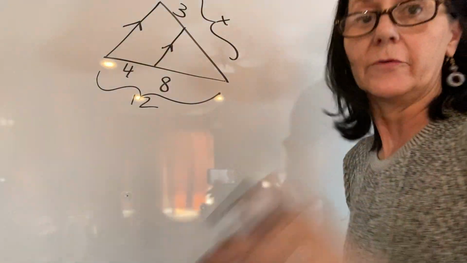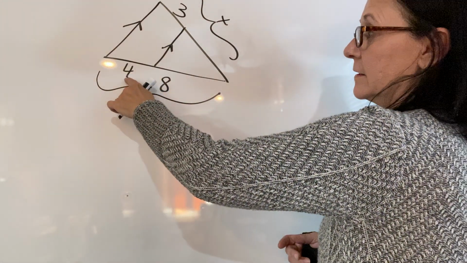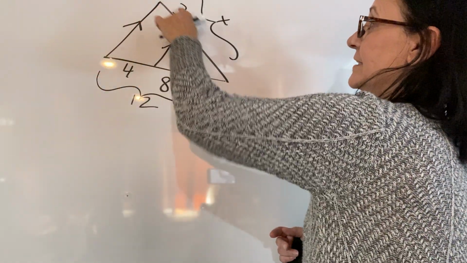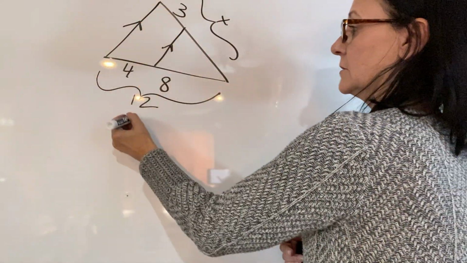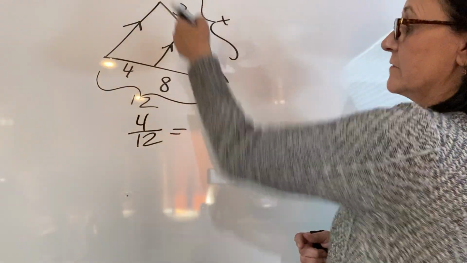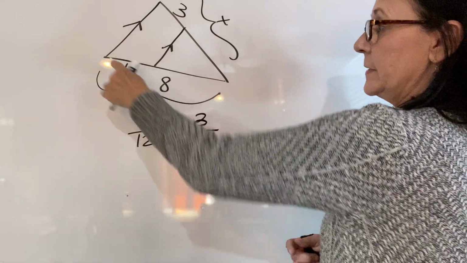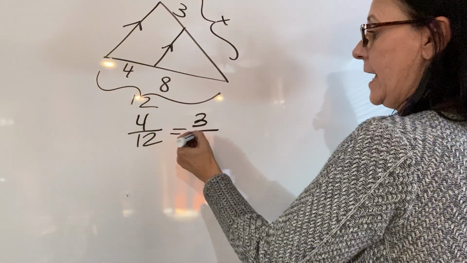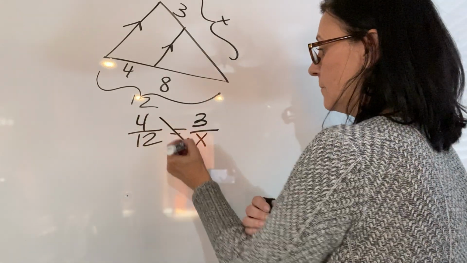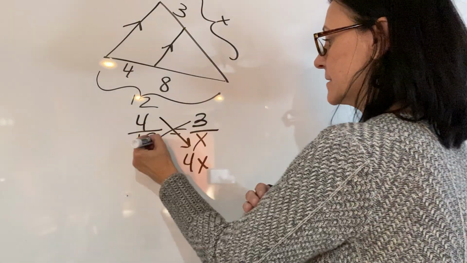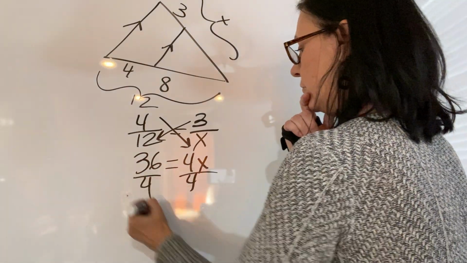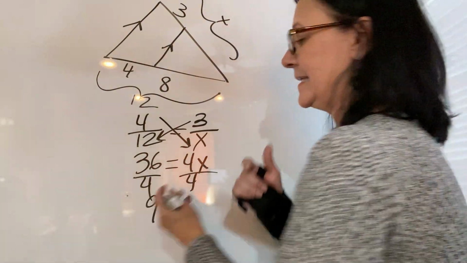Because I'm going to go this length over the whole equals this length over the whole. So it's going to be 4 over 12 equals, the piece that corresponds to 4 is that 3. The piece that corresponds to the whole is x. So then I cross multiply. 4x equals 36. I divide by 4. The value of x is 9.